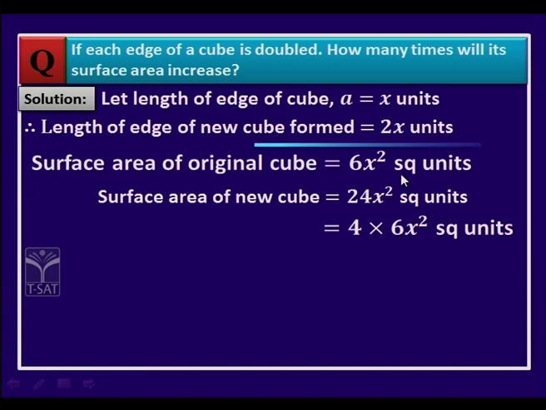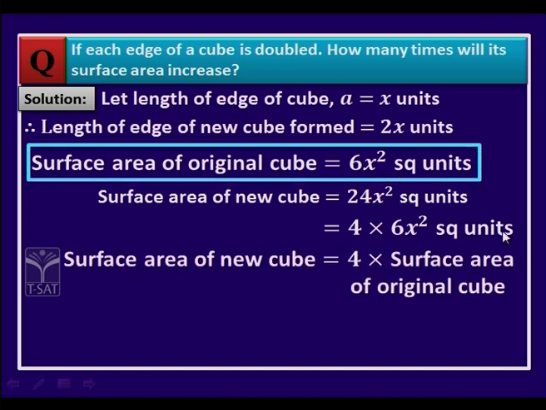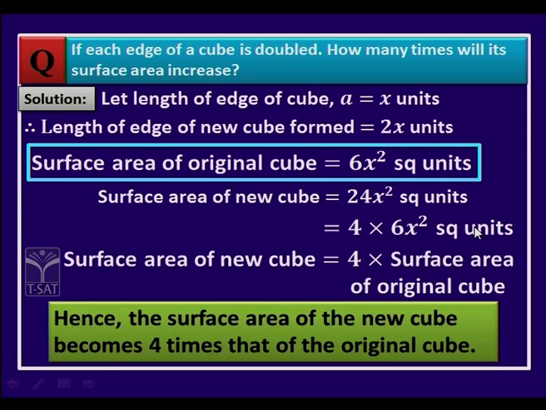So, the surface area of the new cube is 4 into the surface area of the original cube. That means, we can say that the surface area of the new cube becomes 4 times that of the original cube. Got it children?